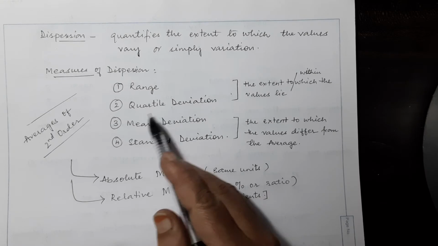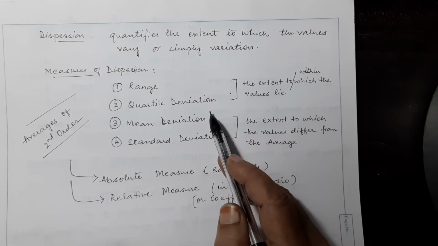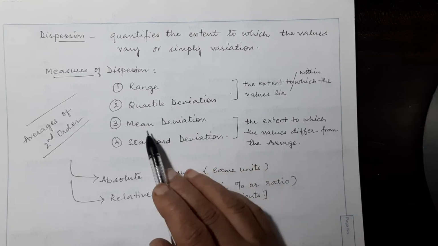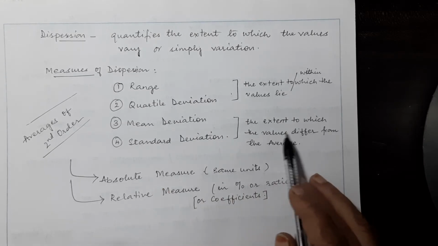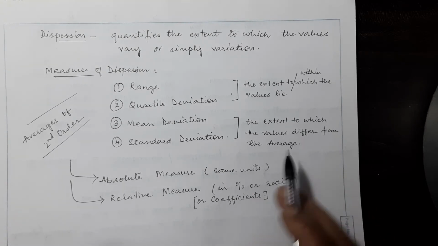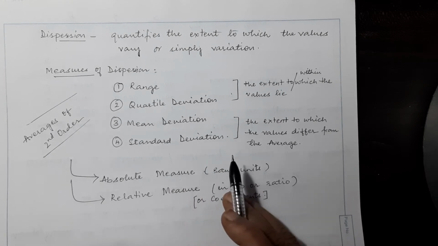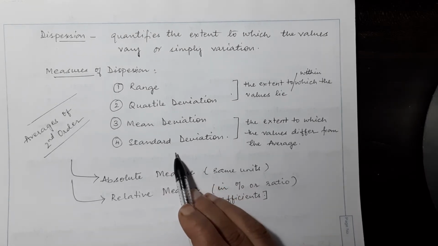So it talks of the lowest value and the highest value and the values lying within it. Mean deviation and standard deviation measure the extent to which the values differ from the average. From the average, how different are they, is what is learned through mean deviation and standard deviation.